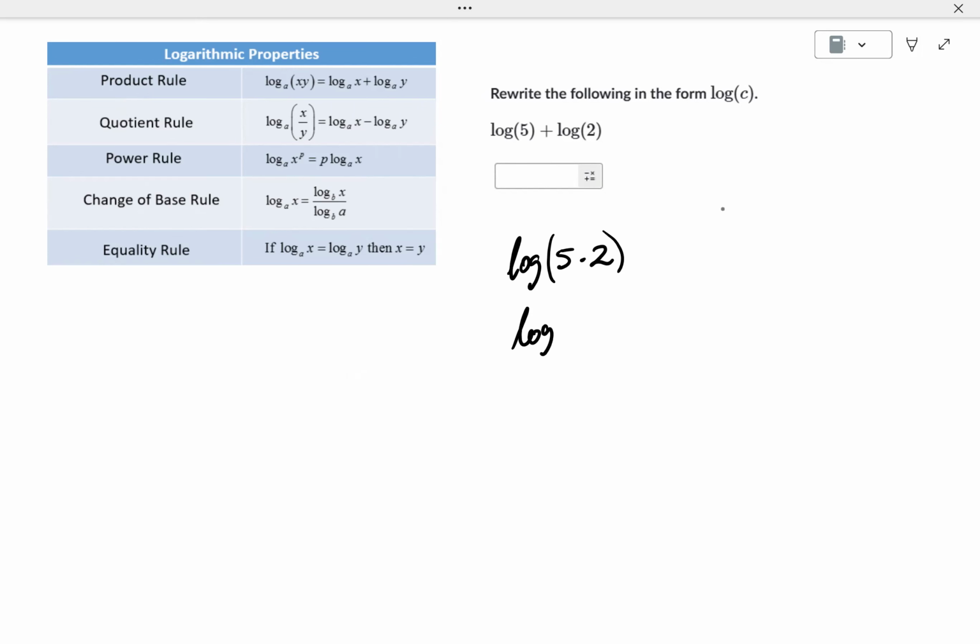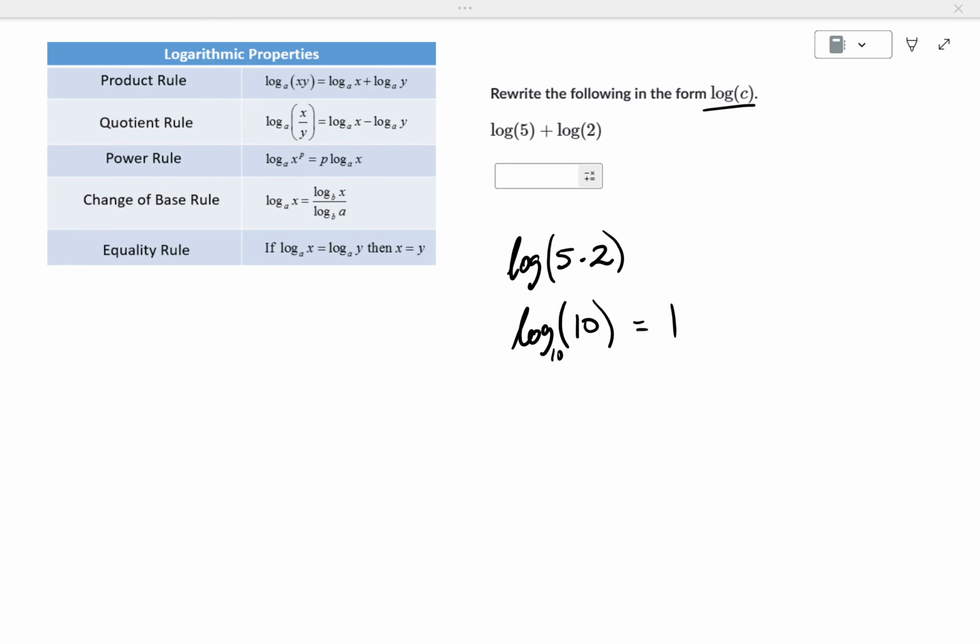And again, if you wrote 5 times 2 for your answer, it's probably going to say it's the wrong answer if you're typing it in. So this is log 10. And interestingly enough, this is base 10 also, and that is equal to 1. But it wanted us to write our answer in terms of a log, so log 10 is what you would enter in there.